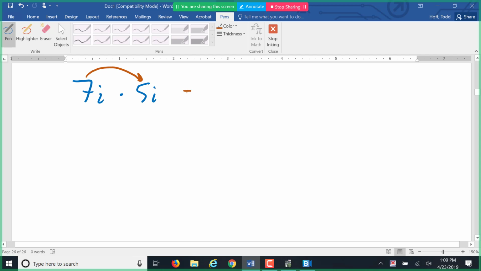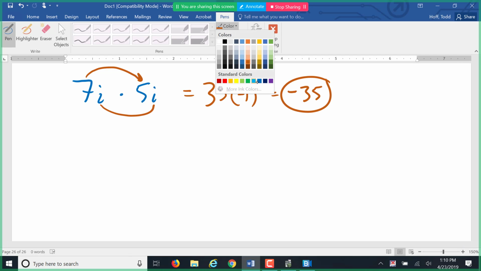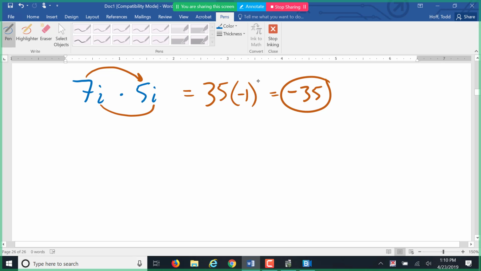What is 7 times 5? 35, right? Then we multiply i times i, which is negative 1. So we've got 35 times negative 1 is a negative 35. Notice we multiplied two imaginary numbers and we got a real number.